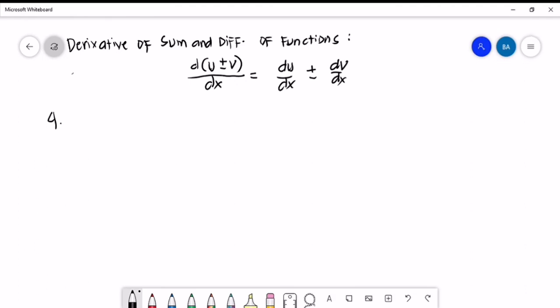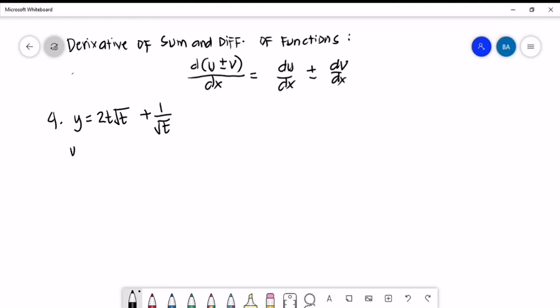Example number 4. What if we have the function y equals 2t times the square root of t, plus 1 over the square root of t. First we are going to simplify this kind of function or equation.